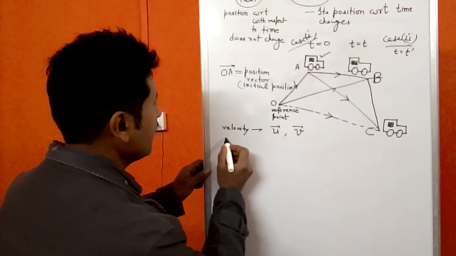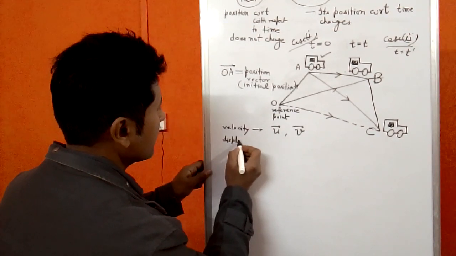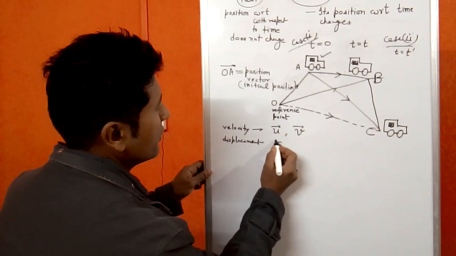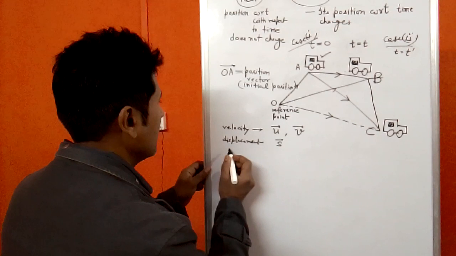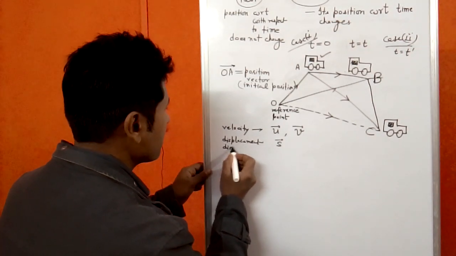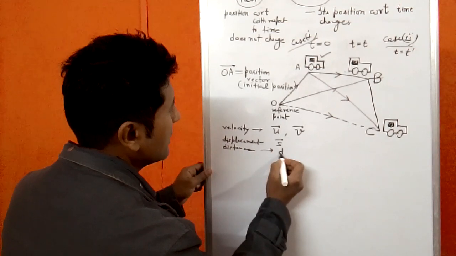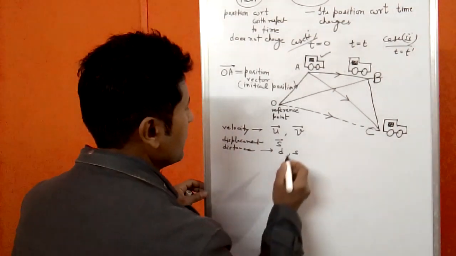On the other hand, to represent displacement we use s. However, for distance we simply use d or simple s, right?